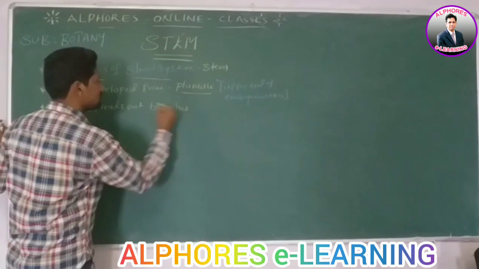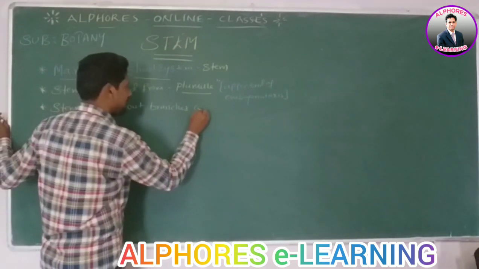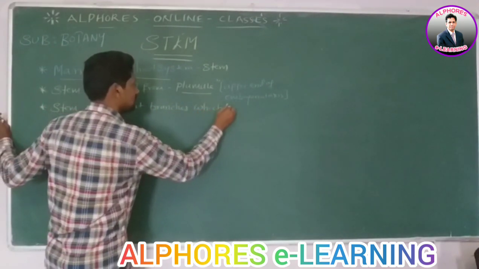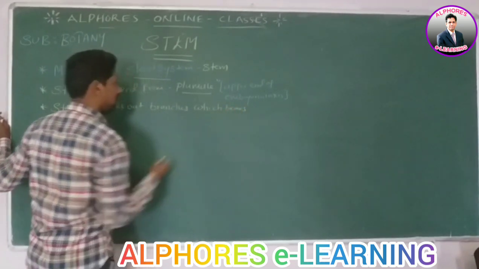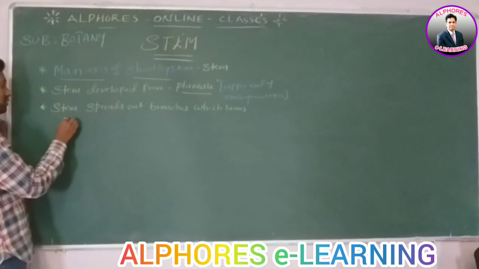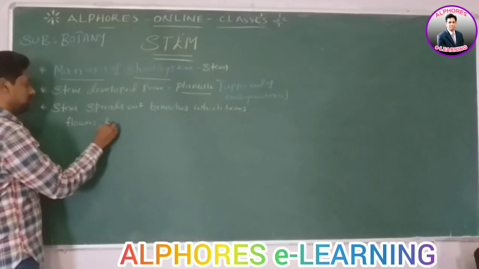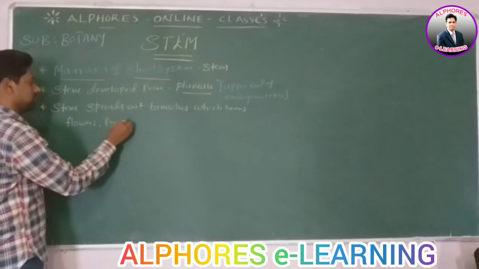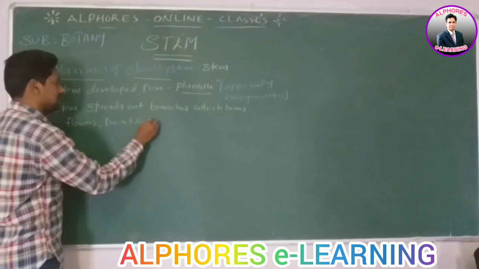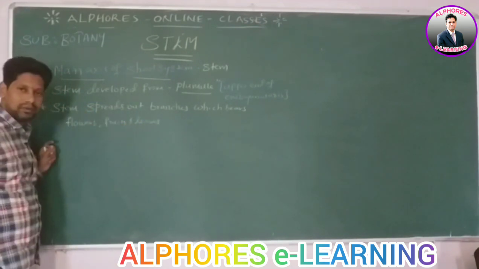Stem spreads out branches. What do the branches bear? Flowers, fruits and leaves. Is this statement okay?